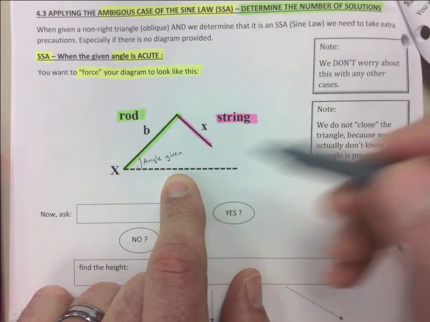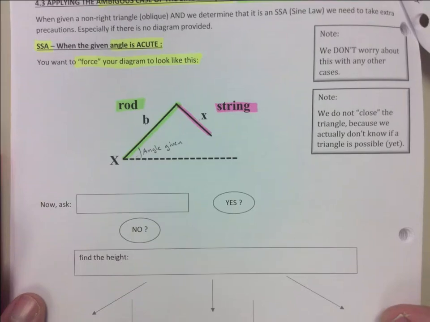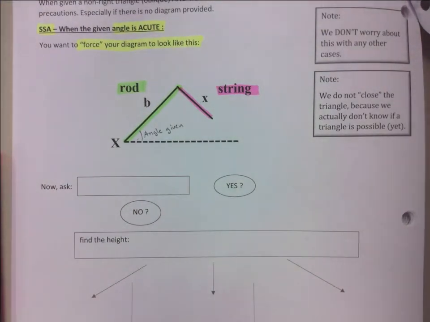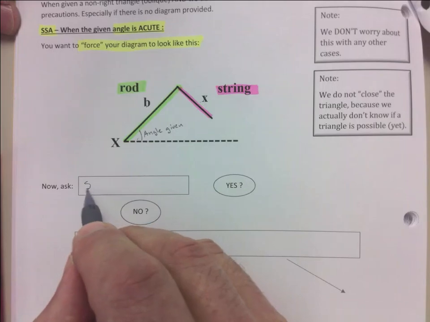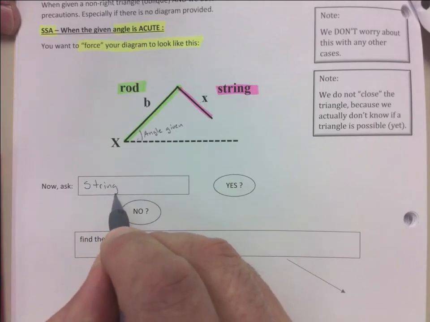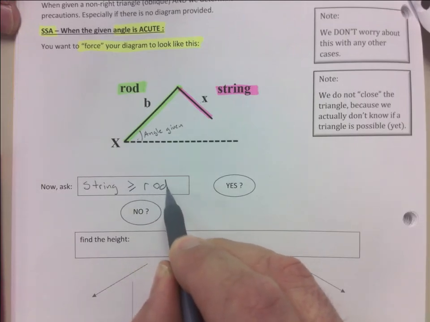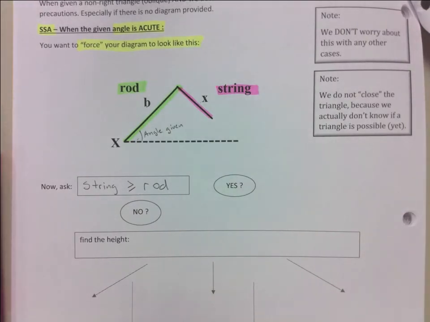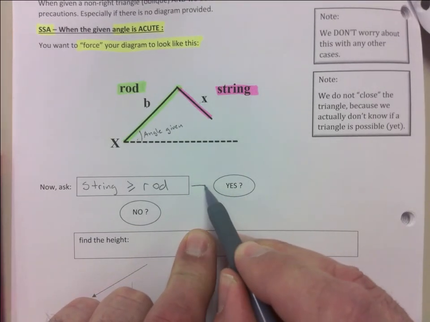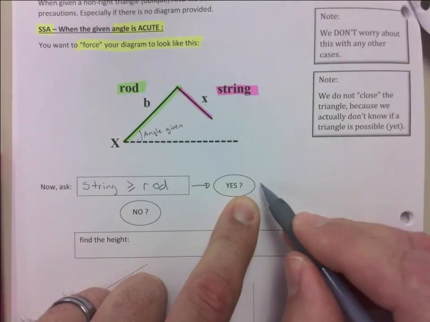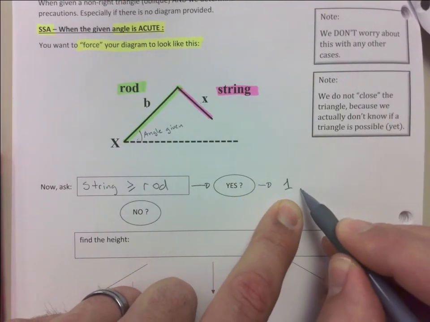And so what we do here is we ask the first question right here. Is this string greater than or equal to the rod? If the answer is yes, then it's one possible solution.